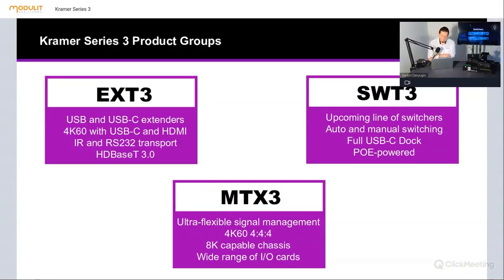In the EXT range, we'll provide you with USB and USB Type-C extenders, and extenders that will deliver the highest resolution now available and very popular, 4K at 60 Hertz. You can use it with IR commands and RS232 COM commands as well to control your projectors, your displays, your video walls, almost everything connected to your Kramer equipment.